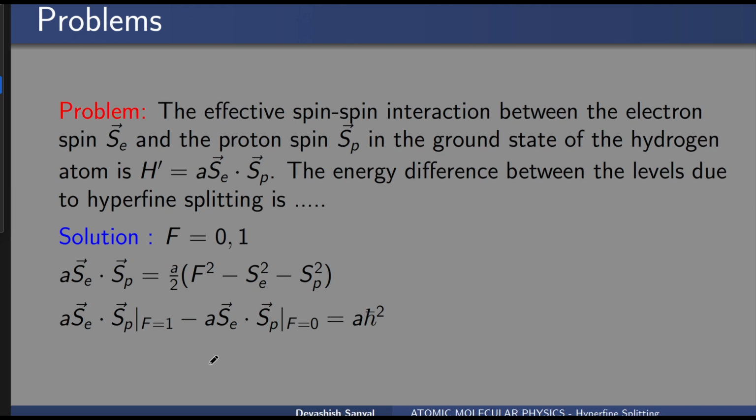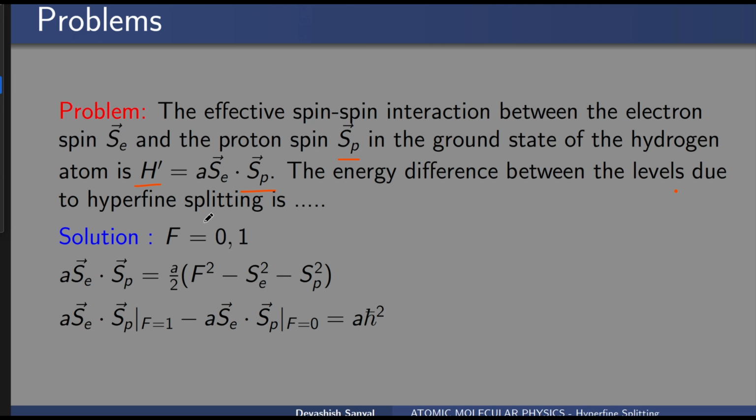So the effective spin-spin interaction between the electron spin Se and the proton spin Sp in the ground state of the hydrogen atom is H prime equals A Se dot Sp. So this is the spin-spin interaction between the nuclear spin and the spin of the electron. So what is the energy difference between the levels due to hyperfine splitting?